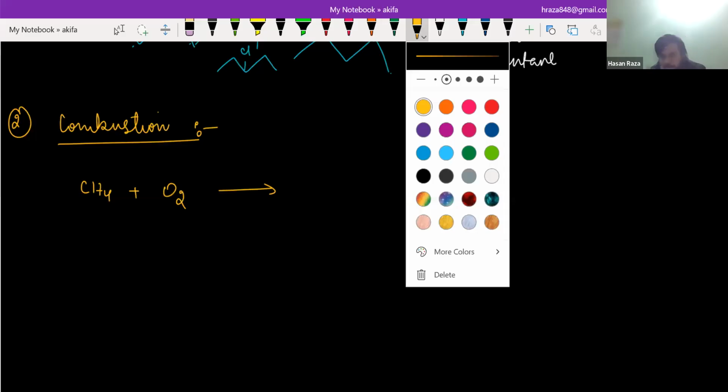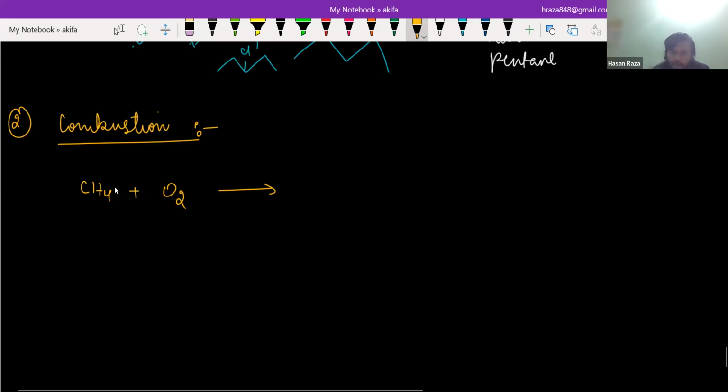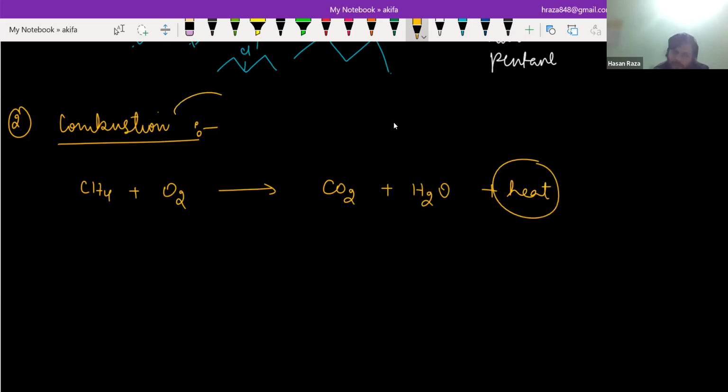Whenever there is oxygen, there is combustion of the hydrocarbon, hydrogen and carbon. It will give CO2 plus H2O as well as heat. That's why combustion is an exothermic reaction.